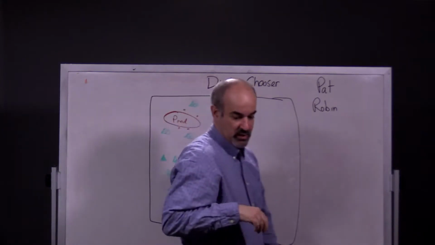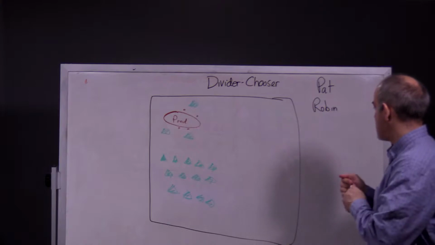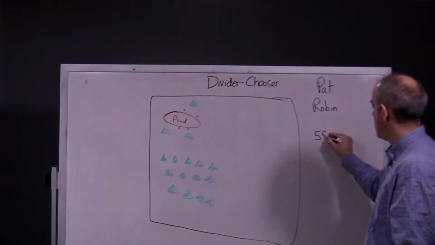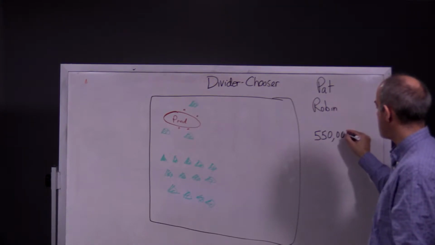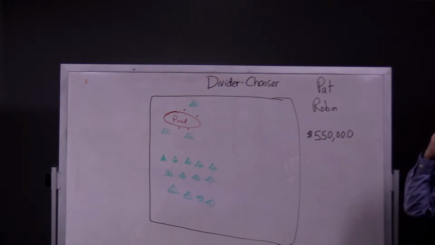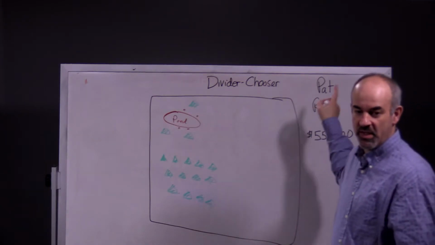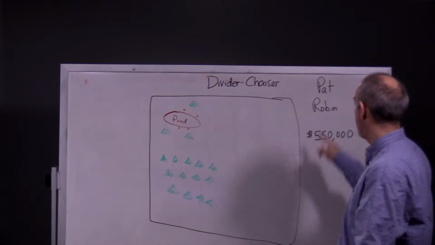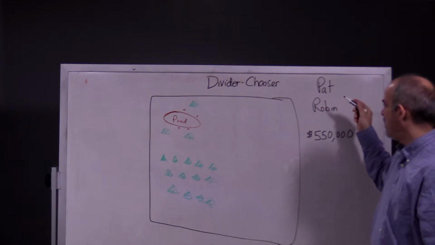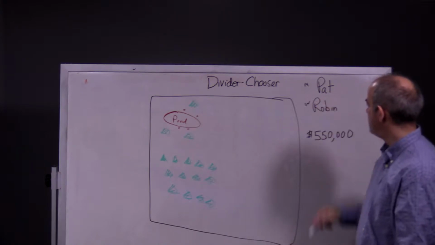So this piece of land is worth $550,000. Pretty big parcel of land. To Pat, he or she, notice I picked names, it could be a man or a woman. We'll say this is a man, and a woman.